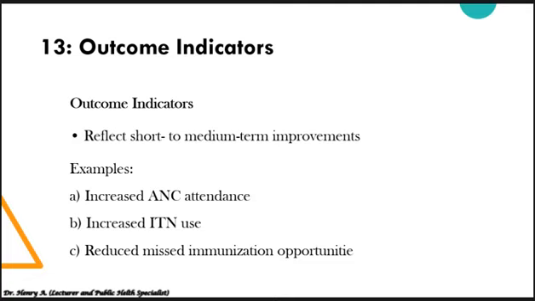In that locality, we want to see the outcome following the successes of the other indicators. We are now seeing the outcome indicators, which specify that the antenatal care attendance rate has gone up. People are now coming to utilize the services provided by the government.